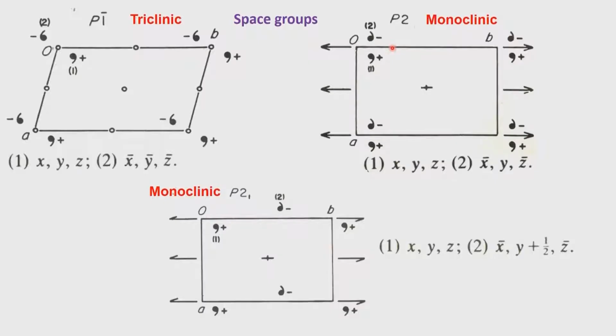Suppose we now want to consider this projection such that we show the AC projection. If we show the AC projection, you should recollect that the two-fold axis will now be represented by a set of symbols perpendicular to the 0 position, and you should keep that in mind.